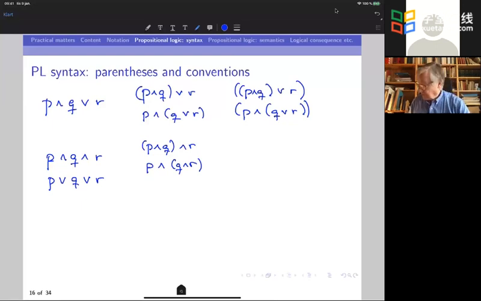Finally, we will write things like this. Again, this is ambiguous, but this time we will actually choose one of the readings as the default one, namely this one.